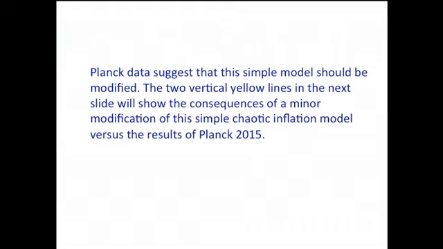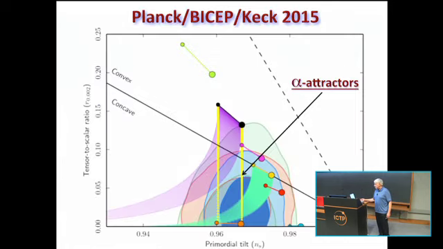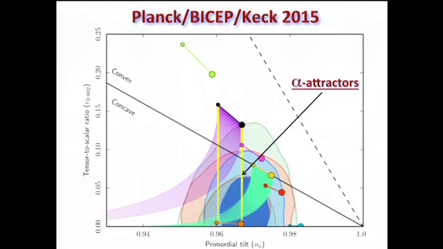Now Planck data suggests that this model is probably ruled out, but let's see how much should be changed in this model in order to get agreement with the data.